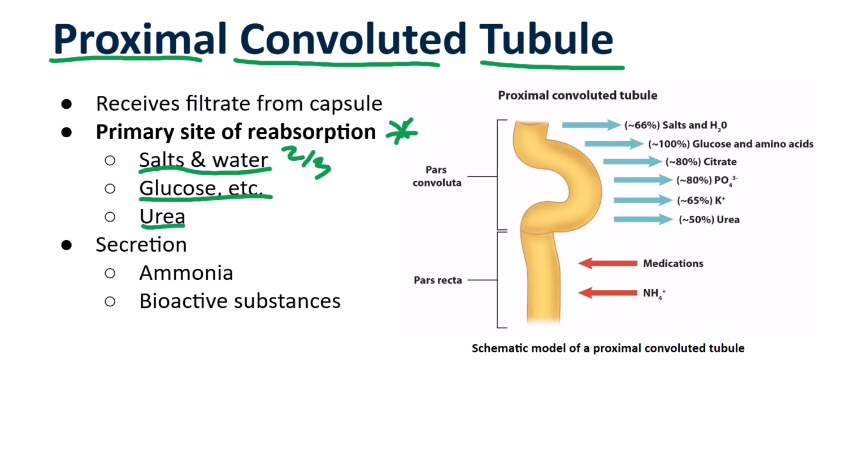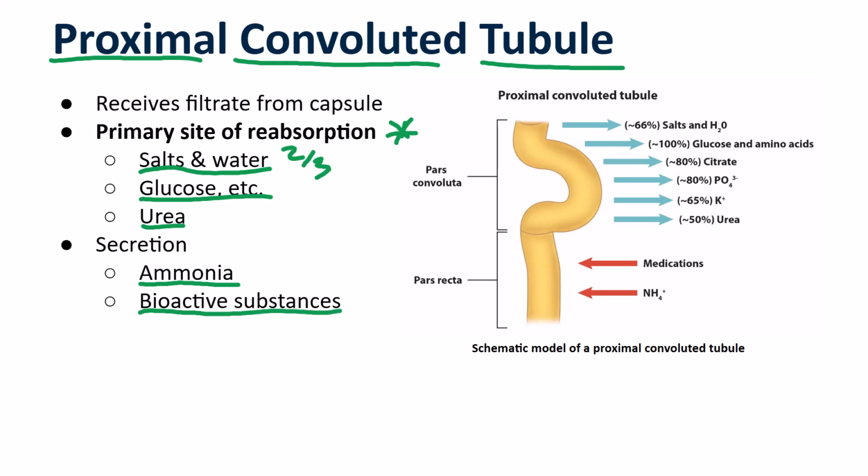About half the total amount of urea is reabsorbed here. And we have a number of substances which are secreted. So ammonia, as a waste product of glucose catabolism, is secreted from the peritubular capillaries into the proximal convoluted tubule, as well as any bioactive substances, pharmaceuticals, etc.